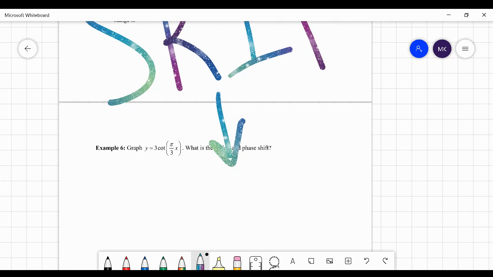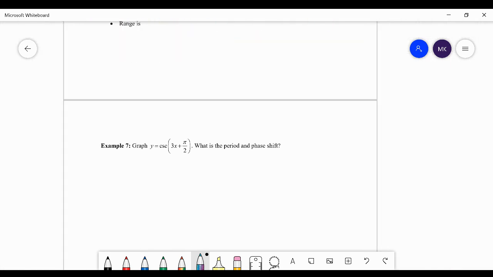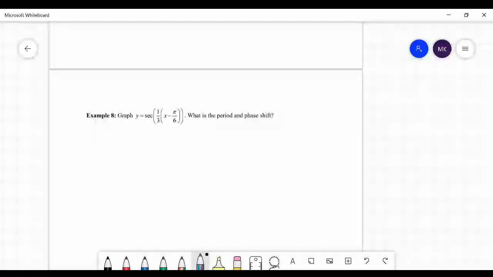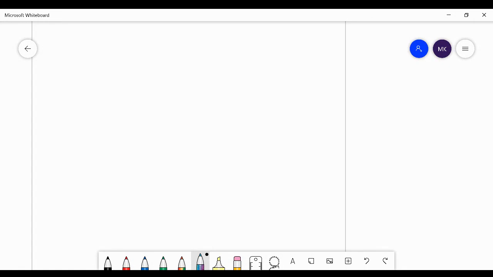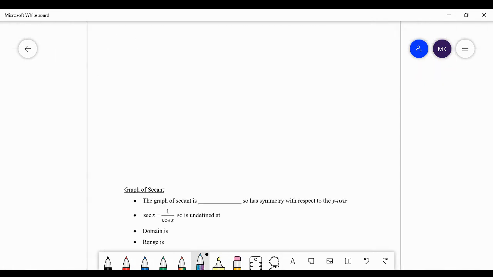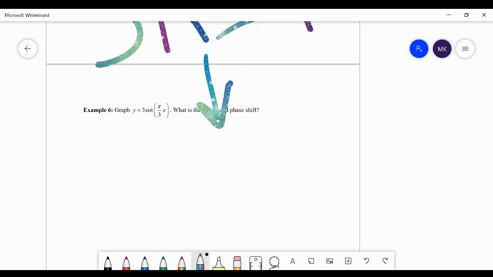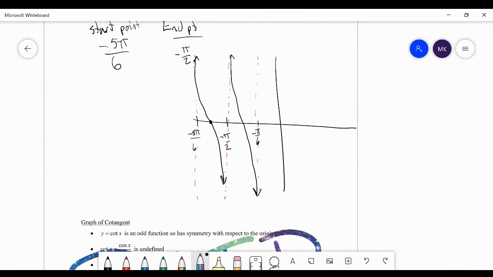So we're going to skip everything else on here. These graphs are just very tedious and unnecessarily challenging, for no reason other than they're messy. Tangent is already messy enough, giving these vertical asymptotes, but it is an important one to know because tangent is a function that we are going to utilize.